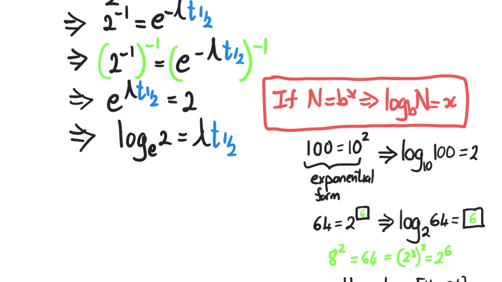So switching now from exponential form to logarithmic form, our n is 2. So we're going to have the logarithm of 2. Our base is e, so we have the logarithm of 2 to the base e is going to equal lambda times t half, which is our x.